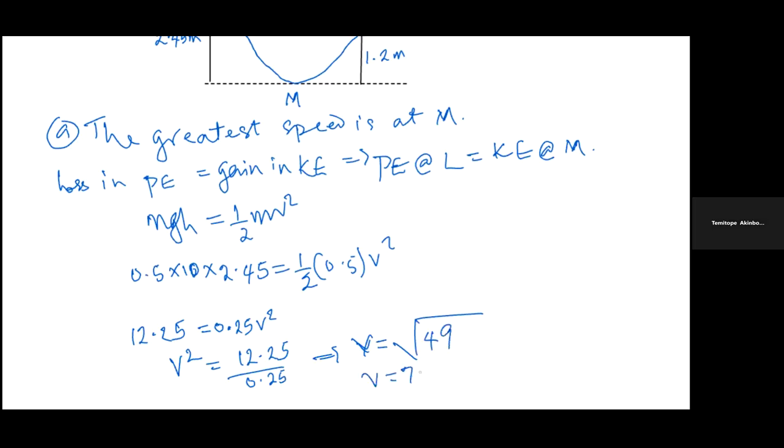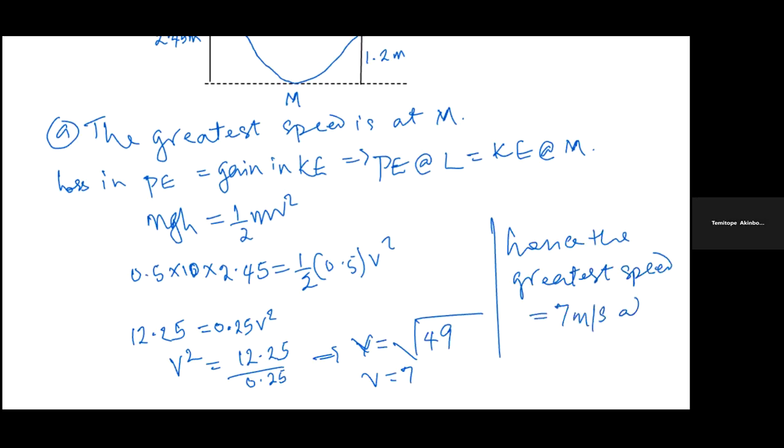Hence, the greatest speed equals 7 meters per second at M. So copy that. When you're done, let me know. I'm done. All right.